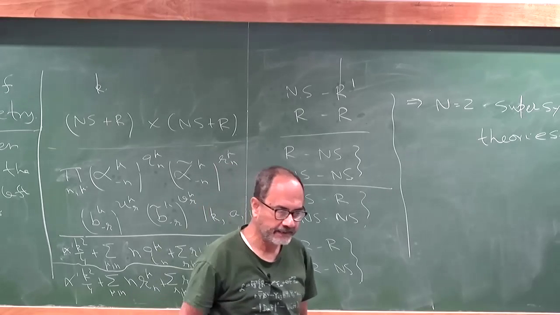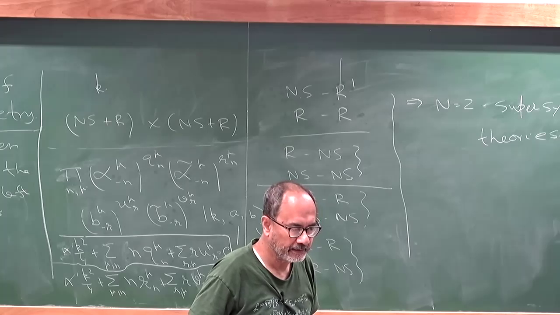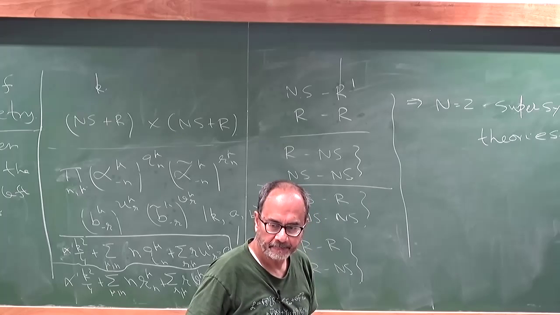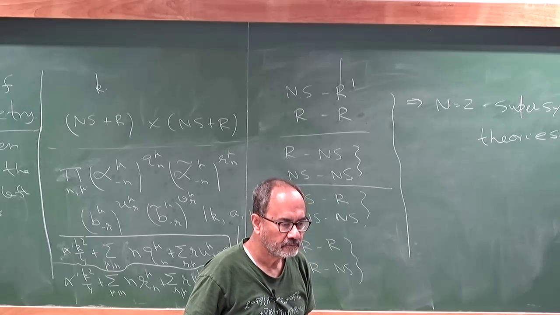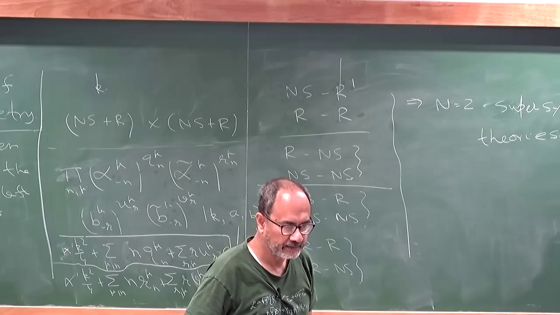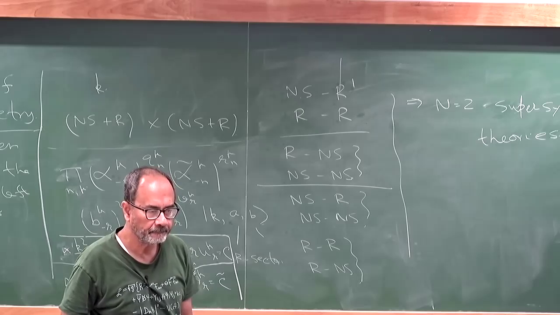There are two supersymmetries. N equal to 1 would be that there is only one supersymmetry. This two is the fact that you can do it either on the right or on the left.